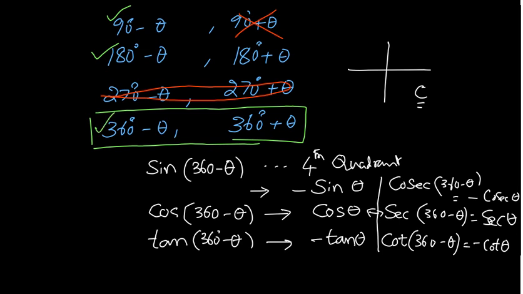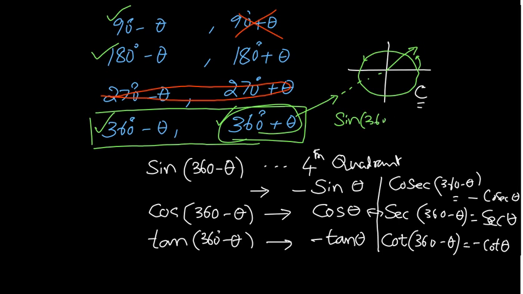Now for this one, 360 plus theta means it will come into the first quadrant. That's the first quadrant, because you come all the way around, one full 360 degrees is covered, plus theta. So this is easy. That means all are positive.